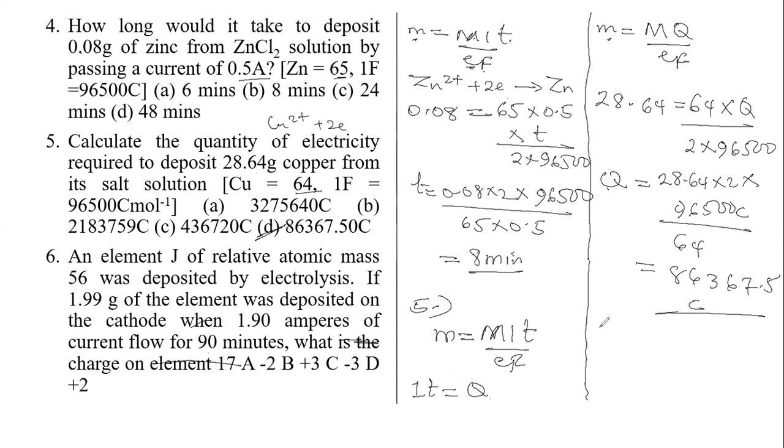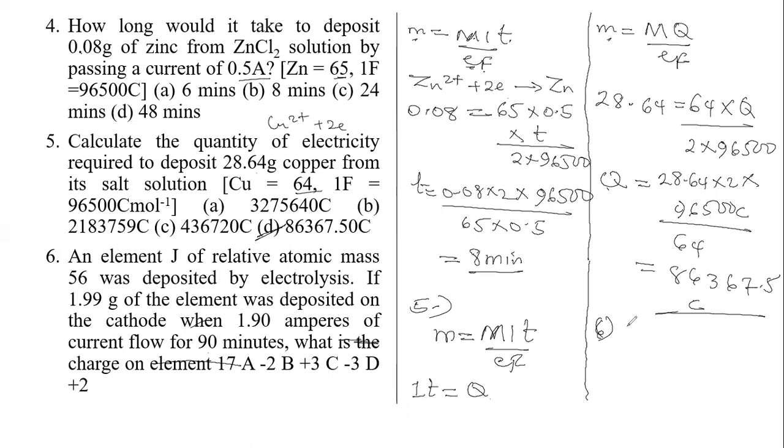Question number 6 says that an element J of relative atomic mass was deposited by electrolysis. So if 1.99 gram of the element was deposited on the cathode when 1.9 amperes of current flows for 90 minutes, what is the charge on the element?